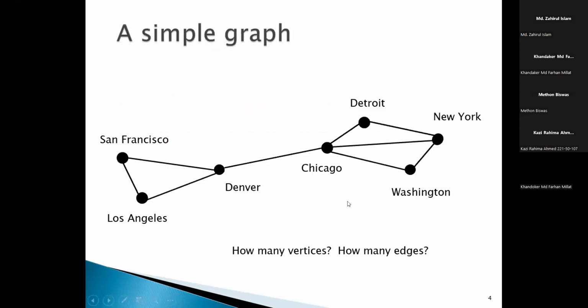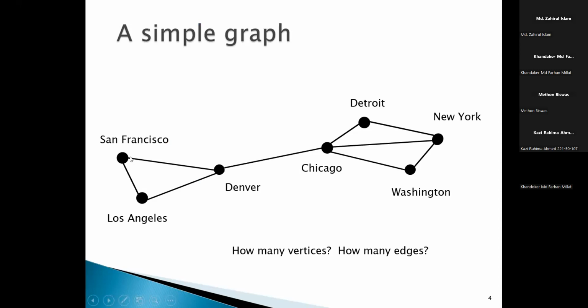So see, it's an example of a simple graph where black dots are called the node or vertex. Basically in here, the dots or nodes or vertices represent the city names of the United States, like San Francisco, Los Angeles, Denver, Chicago, and some other nodes.